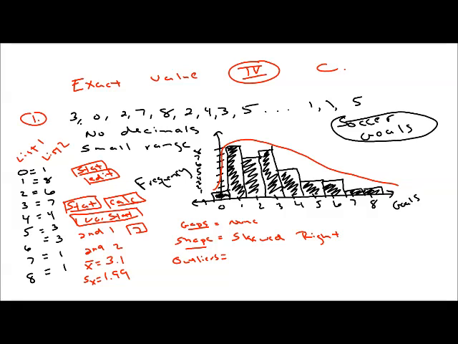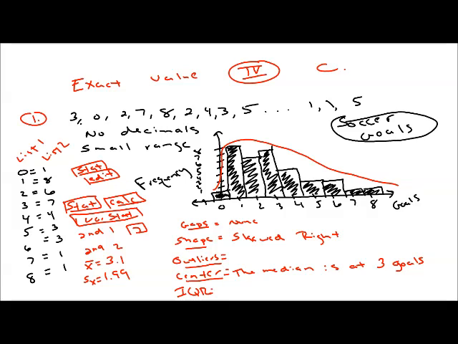Now notice this is skewed right, so I probably shouldn't use mean and standard deviation. Again, I'm going to come back to outliers in a moment. So what should I use? Well, for skewed data, I should use median. The median is, now hit the down arrow, 3. 3 what? Goals.